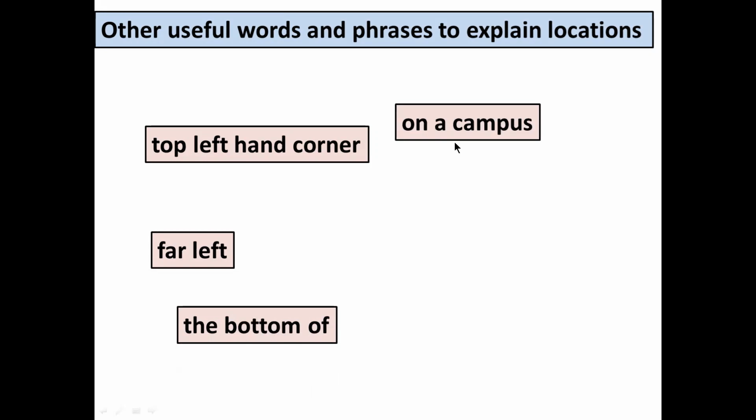And when we're talking about university, we say on a campus. You can memorize this phrase, on a campus. What do we mean by something is on a campus? It means it is in the campus area, in the university building, in the area of the university building.